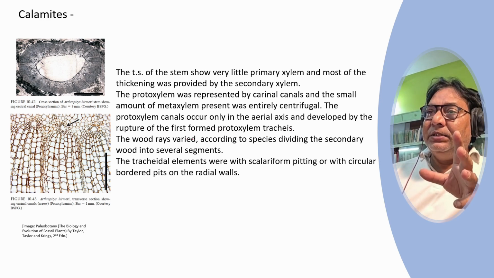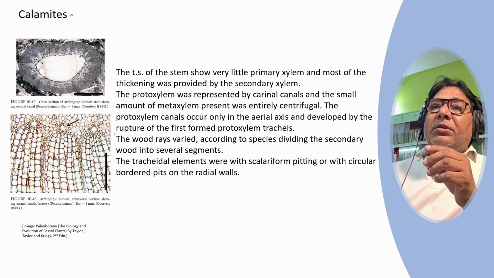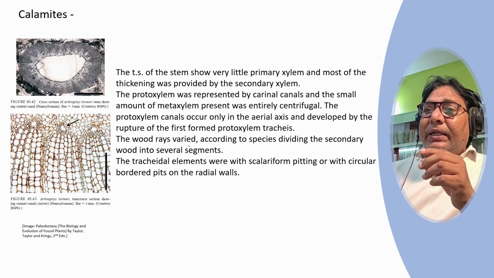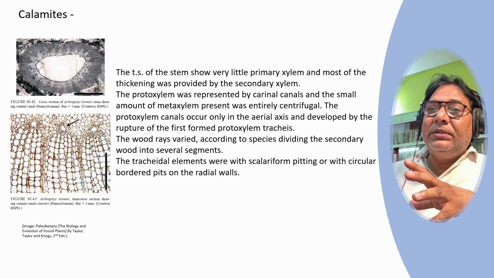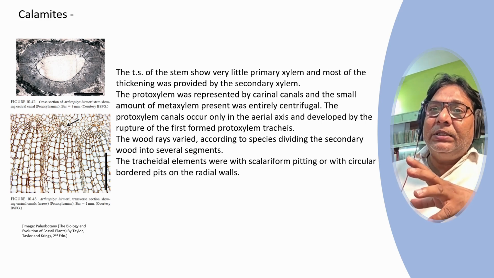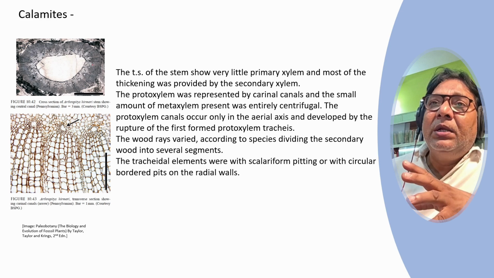So they are formed by the rupturing or disintegration of the protoxylem. The wood rays varied according to species, dividing the secondary wood into several segments. These are the segments. This is one segment, this is another segment, this is another segment. You can see there are many such segments in this whole diagram.